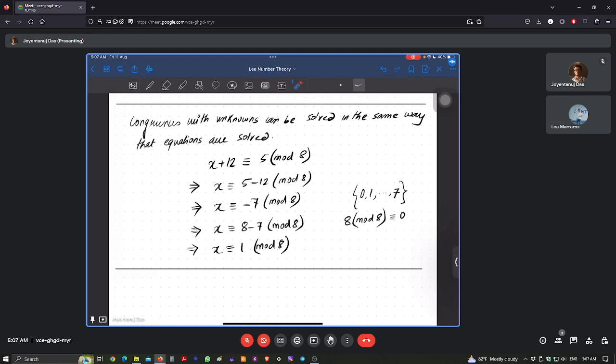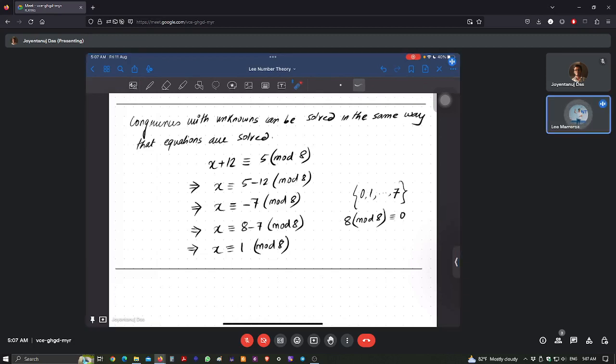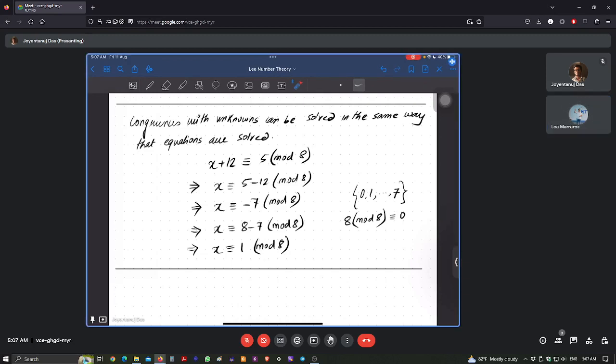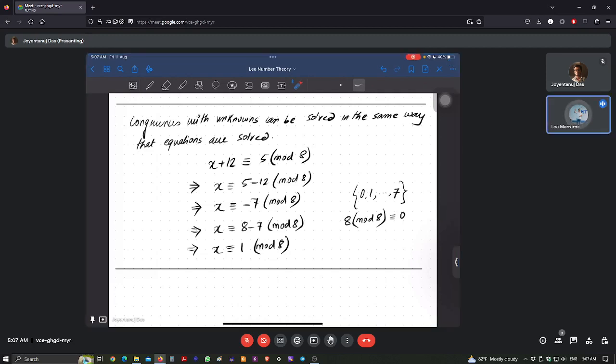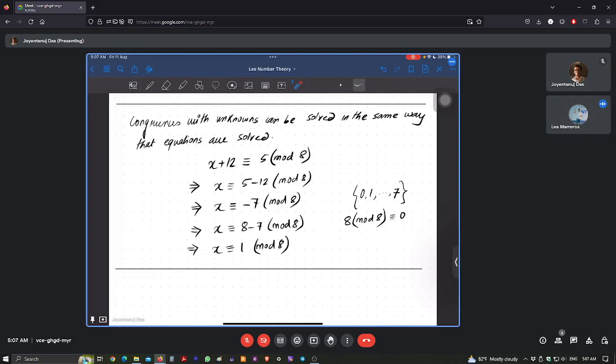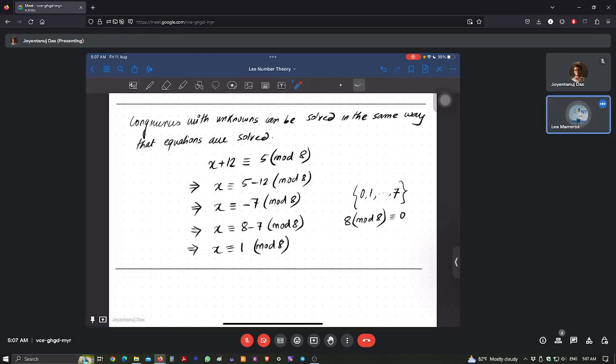It's like 1, 9, then 17. It can be anything, because we are in modulo 8. So x could be 1, 9, 17, anything.